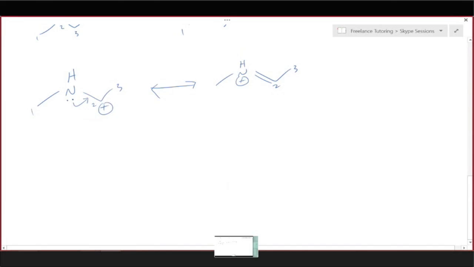Okay, excellent, very good. So let's try to predict something about the reactivity here. How would we expect this molecule to react? Electrophilically, carbon 2. Well, it's kind of tricky because carbon 2 on one hand with the positive would be electrophilic, but over here it has a pi bond, which is more nucleophilic.